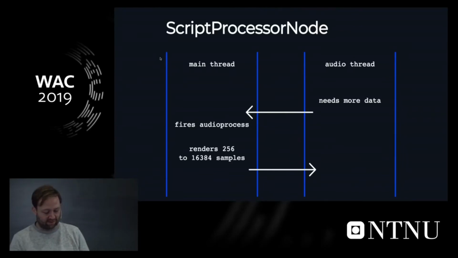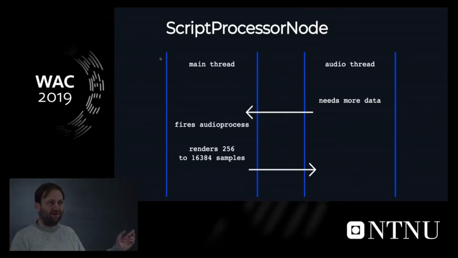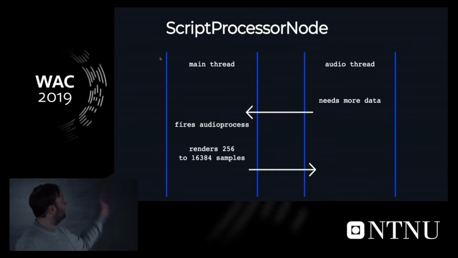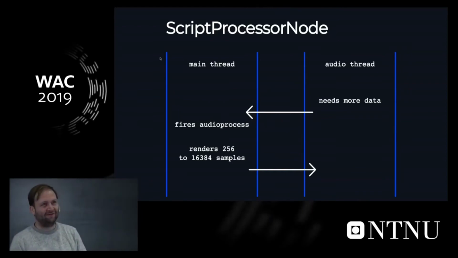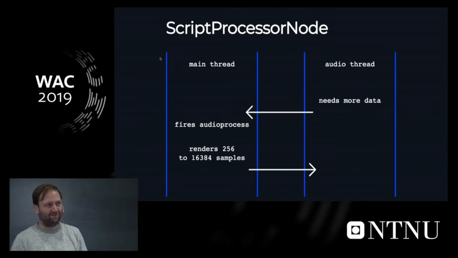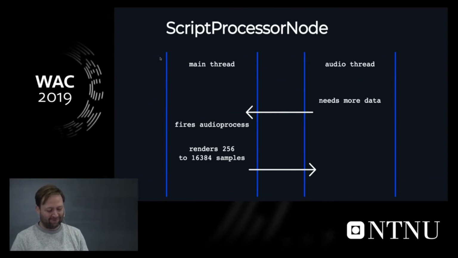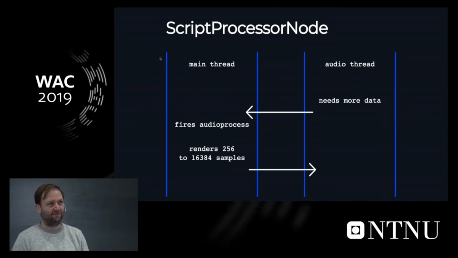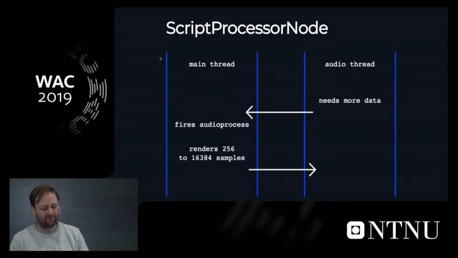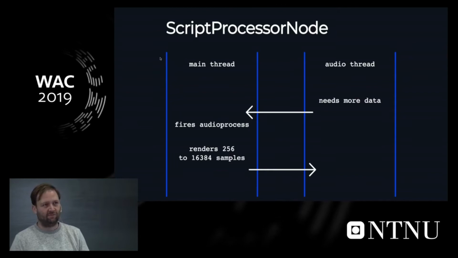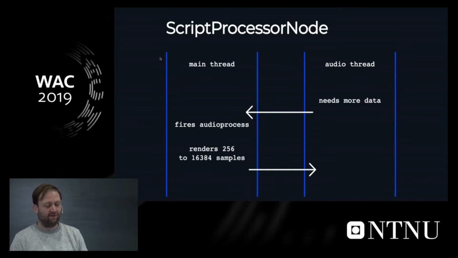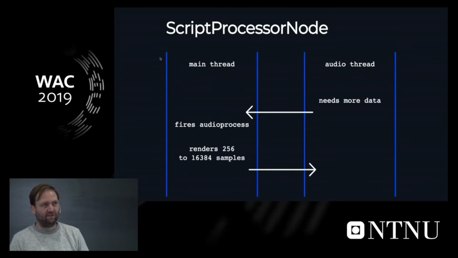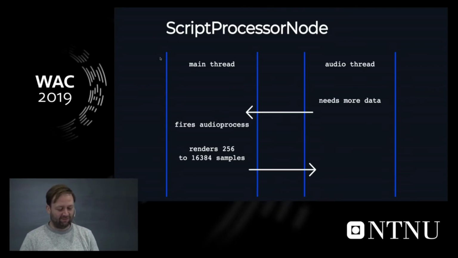And the problems are the arrows, which I inserted in the diagram, and they should symbolize asynchronous calls. So when the audio thread calls the main thread, it fires an event, and that event is a regular JavaScript DOM event. So it competes with all the other events from mouse interactions and the user resizing the page and request animation frame and set timeout.